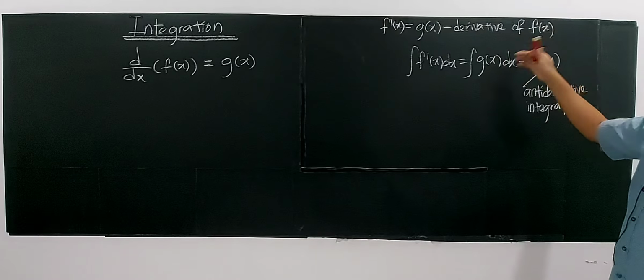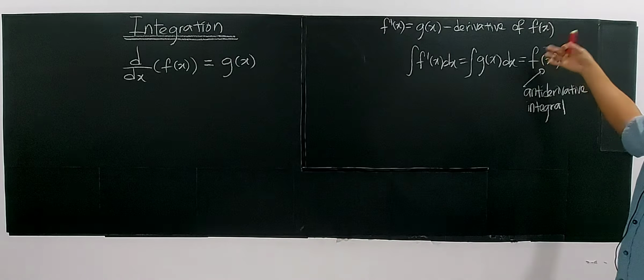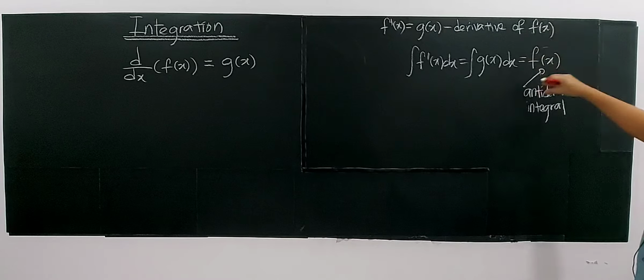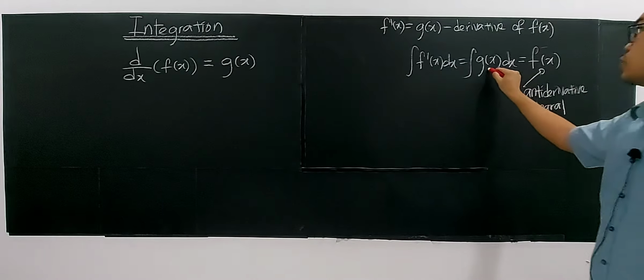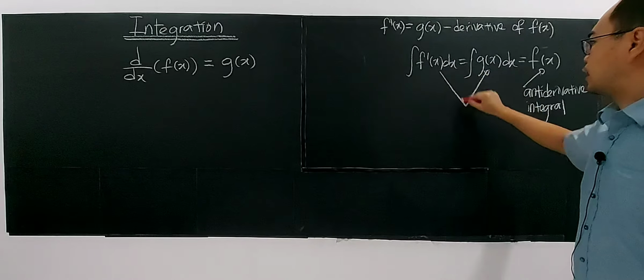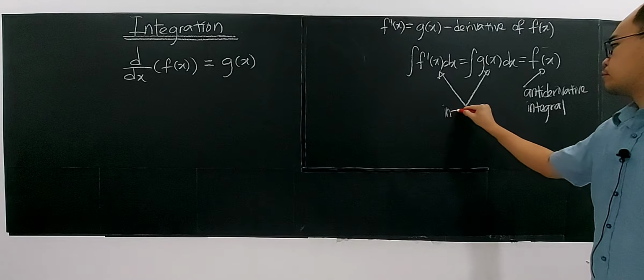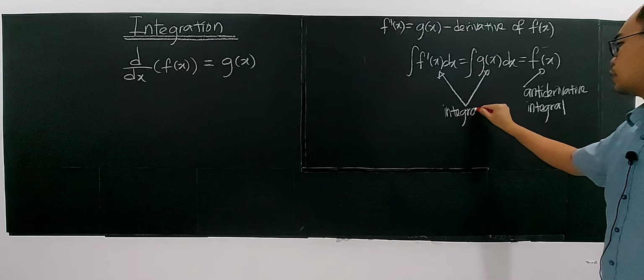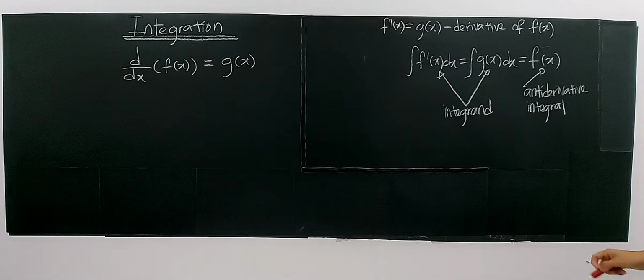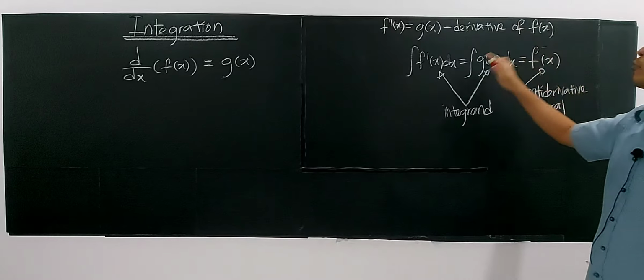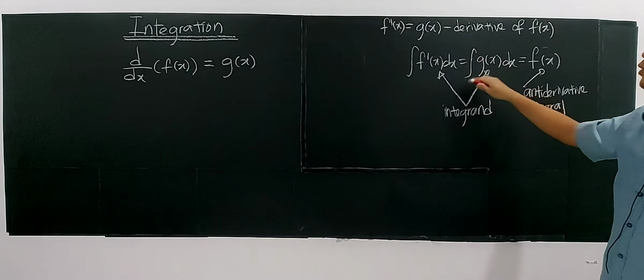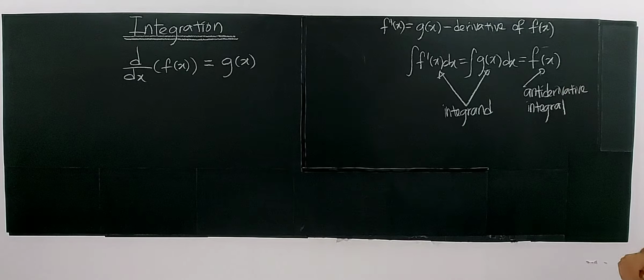So the product is what we name the integral. And f prime x or g(x), we name the integrand, the derivative of f(x). Once you integrate, you get the antiderivative.